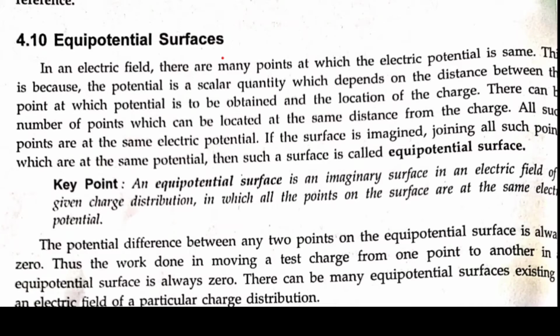Where the potential is constant or equal. Equipotential surfaces are those where at all the points the potential is the same. Potential is a scalar, while potential gradient is a vector; we will discuss the potential gradient after this topic.